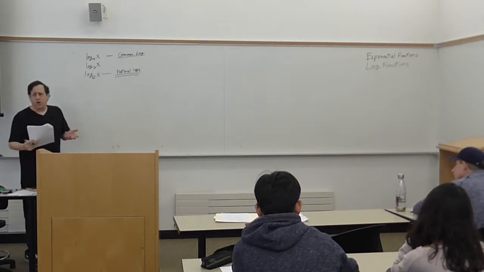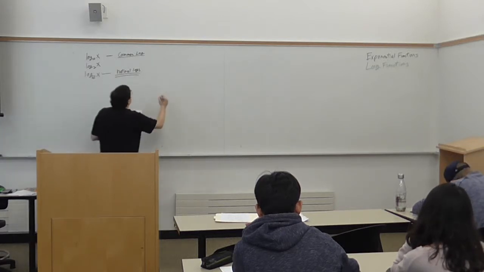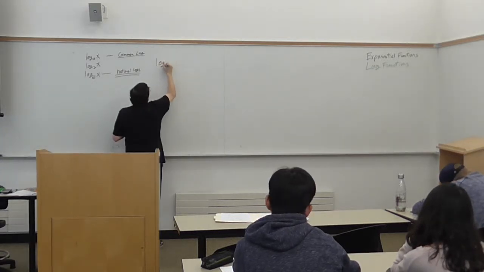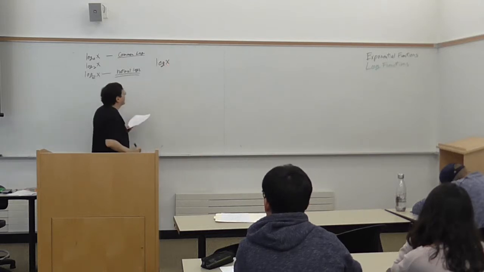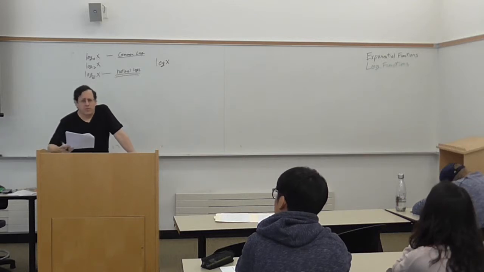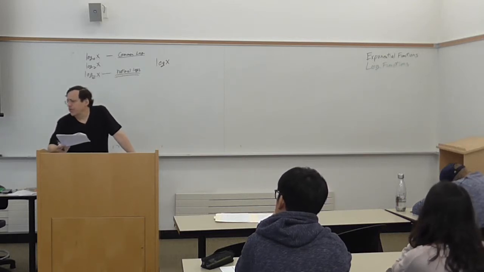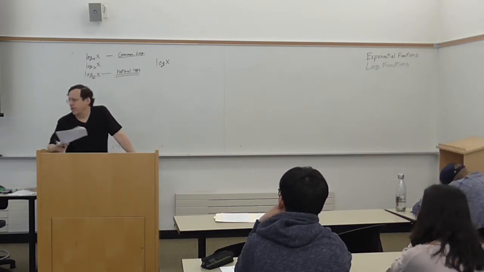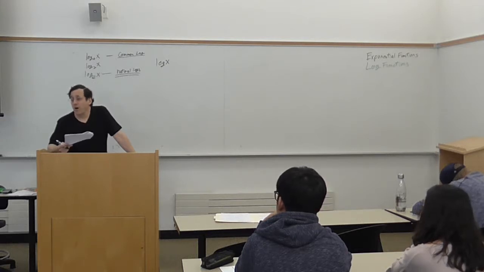The notation I want to talk to you about is, what does this mean? If you look on your calculator, what does it say there? Does it say log to the base 10? No, it doesn't. It just says log.